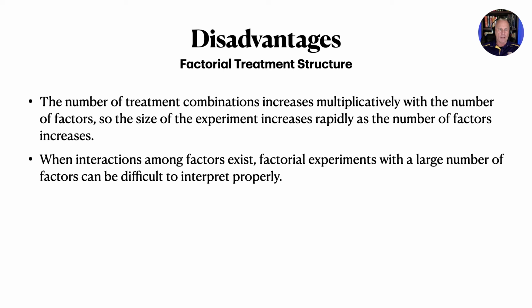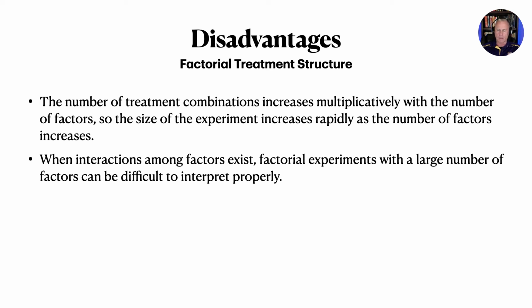have. When interactions among factors exist, factorial experiments with a large number of factors can be difficult to interpret properly. Now, that's certainly true if you've got 8 factors in an experiment, which is not necessarily that unusual, especially in situations where experimenters, researchers are trying to identify which factors are impacting the response, doing it in, for example, a preliminary study, some kind of a pilot study.